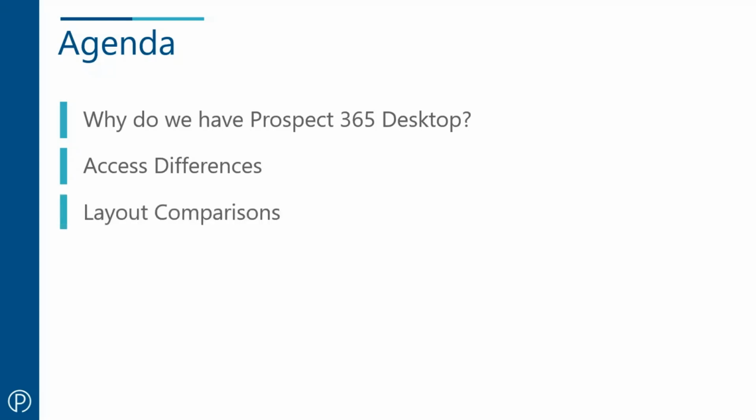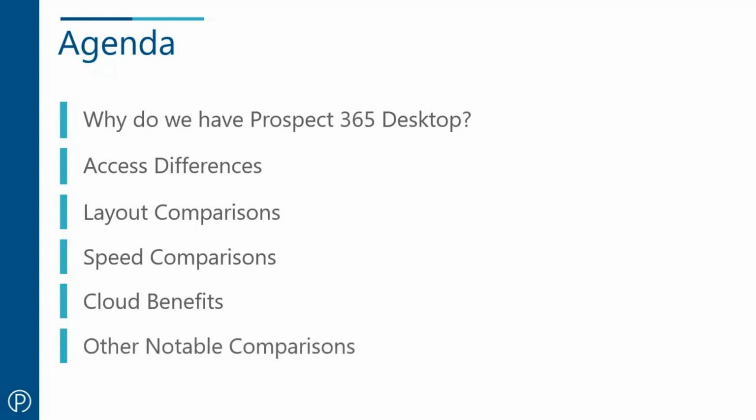I'll then run through some of the comparisons in terms of the layout and how they differ, as well as the speed comparisons between the two. Throughout, I'll be talking about some of the cloud benefits gained from using the web-based product. And then I'll round off with some other notable comparisons that I want to draw your attention to.